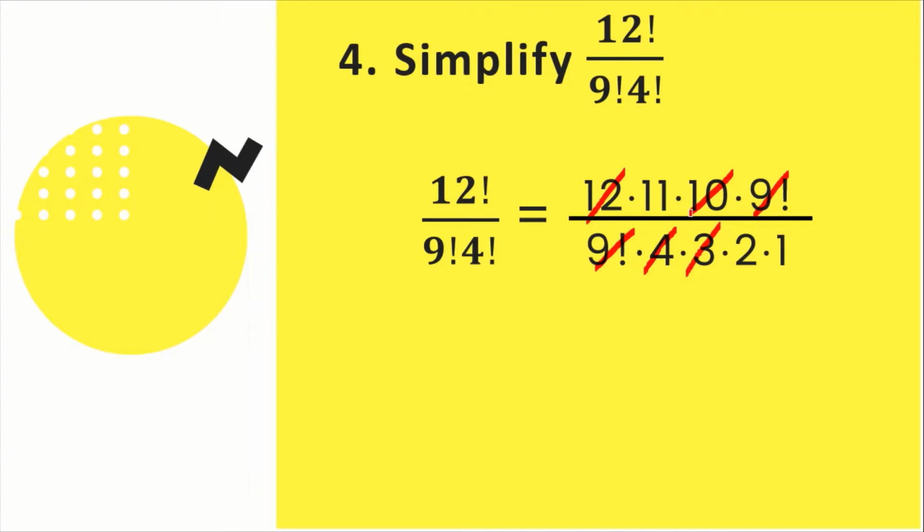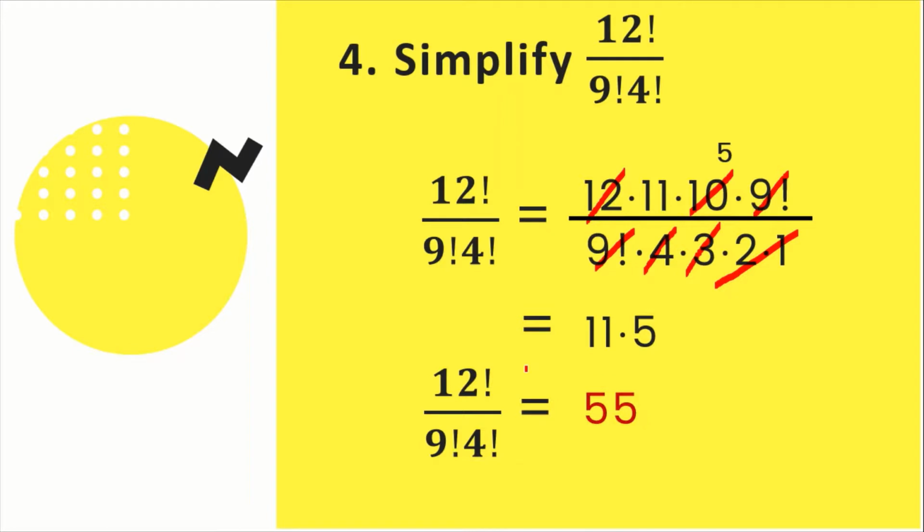So, we have 10 divided by 2. So, maiwan sa atin ay 5. So, ano na lang ang naiwan? We have 11 times 5. So, 11 times 5 is 55. So, 12 factorial over 9 factorial times 4 factorial is simply equal to 55.